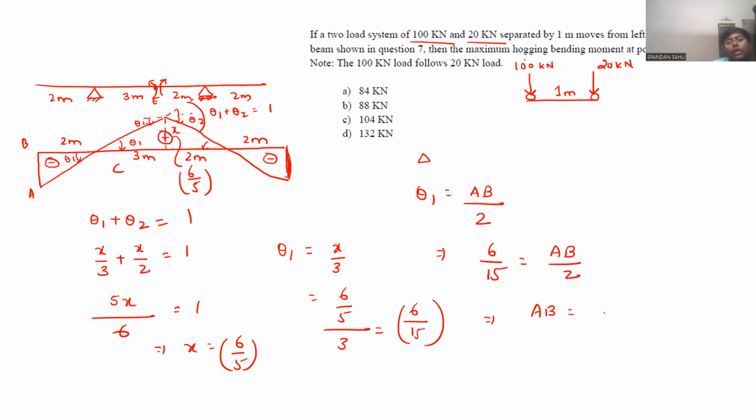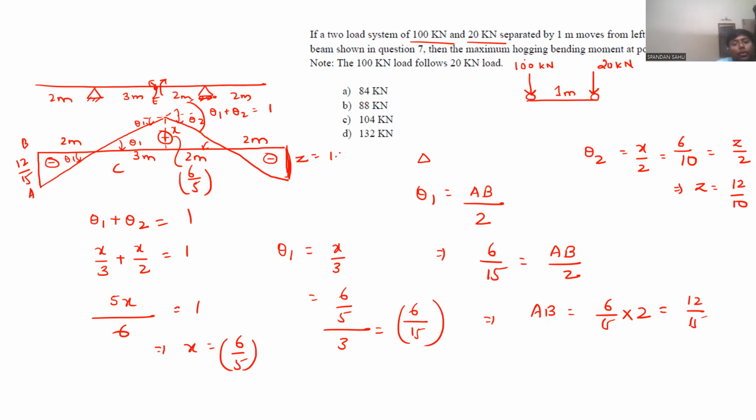So from here AB equals 6 by 15 into 2, so 12 by 15. So this height is 12 by 15. Similarly, this will be theta 2, and we know theta 2 is x by 2, which is 6 by 5 into 2, is 10, and that will be equal to this height. Suppose this is z by 2. So from here z comes out to be 12 by 10.